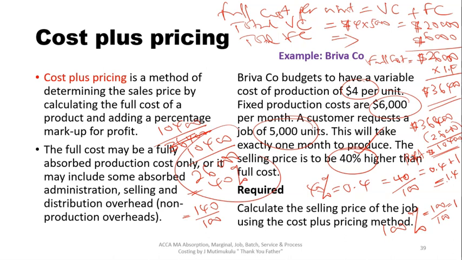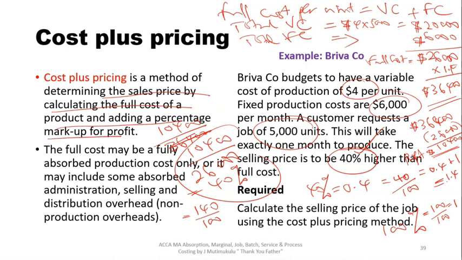I had actually calculated the margin, not the markup. The markup is 40% of the cost, because from our definition here, cost plus pricing is a method of determining the sales price by calculating the full cost of a product and adding a percentage markup.